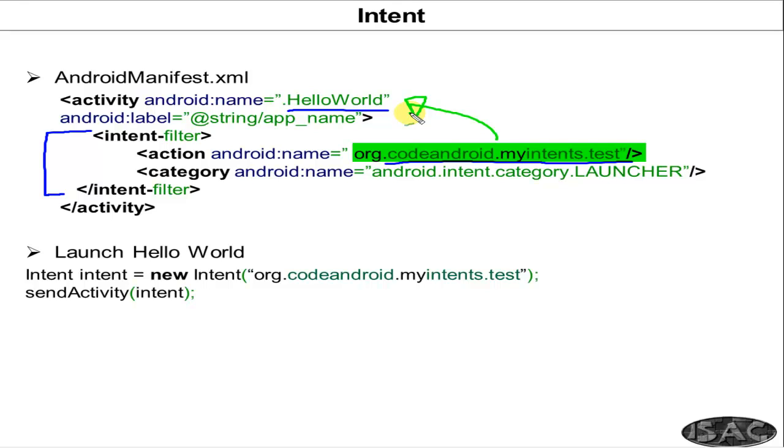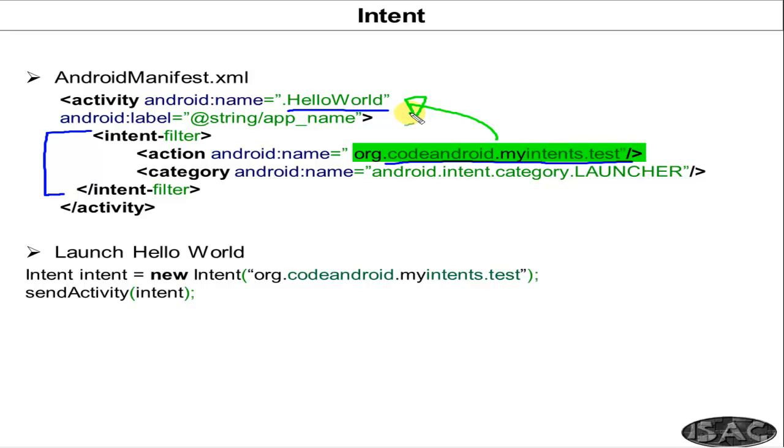So, it is like register and subscribe. Hello world has registered itself that I will listen for the action called org.codeandroid.myintents.test. So, whenever somebody fires that action, this activity can get triggered. So, this is the way you register your activity for an action, by putting it inside an intent filter, and you have to give some category name as well.